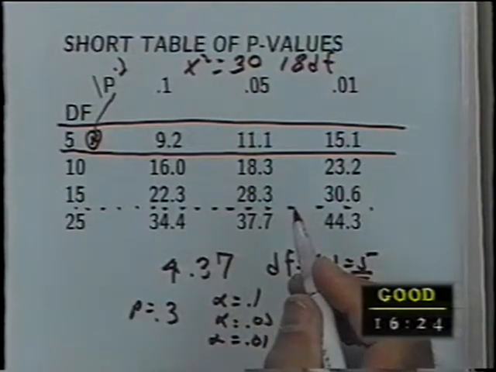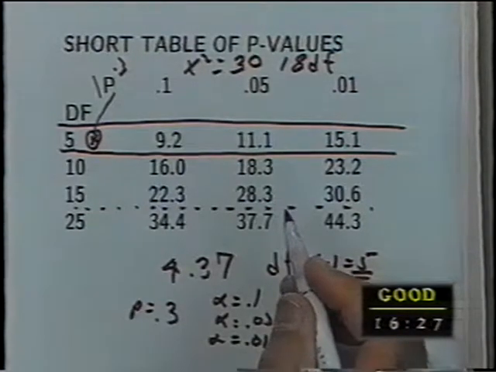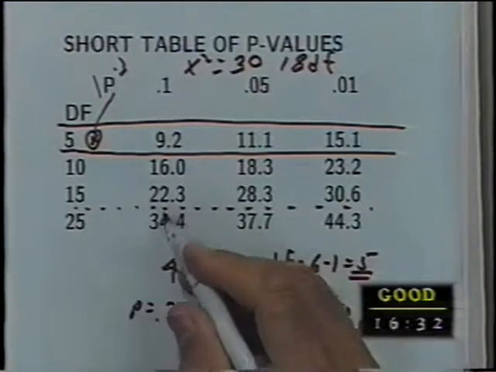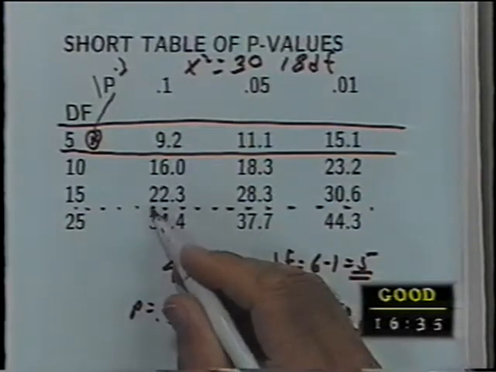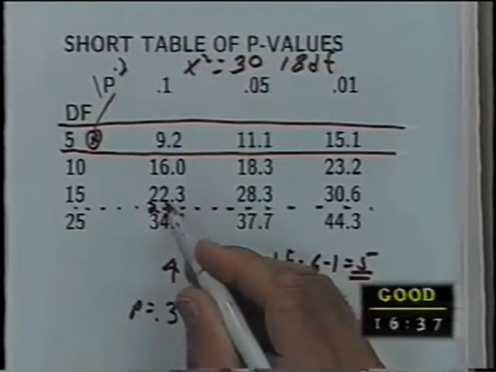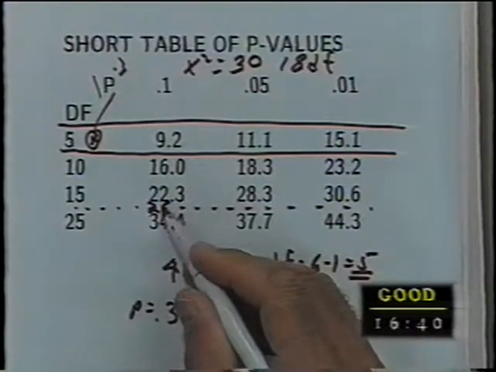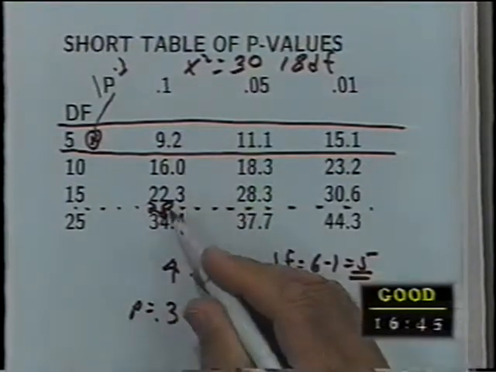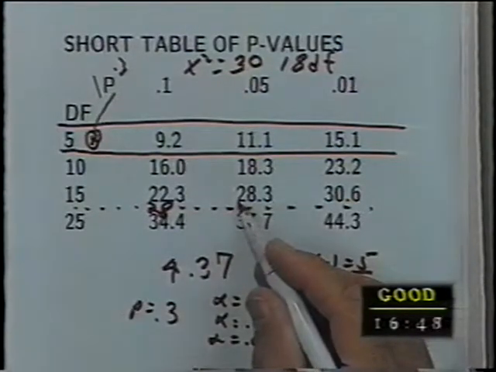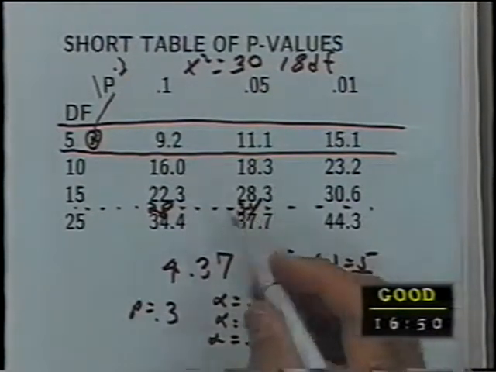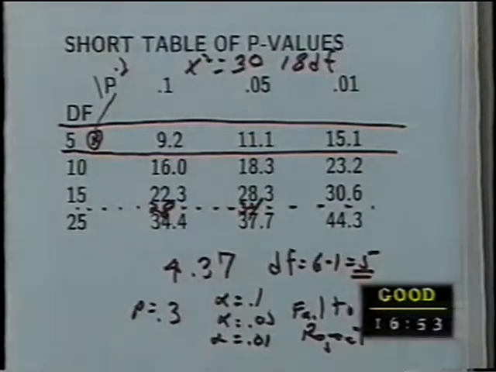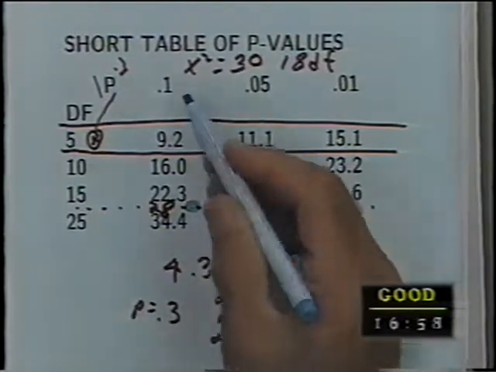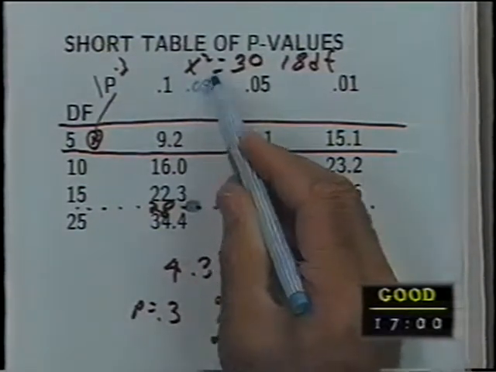This is sort of halfway between, so this is around 28. Here's 28 to 37. This is around 34. So 30, if there was a 30 on this line, it would come out somewhere over here. And that would give me like a 0.08, say.